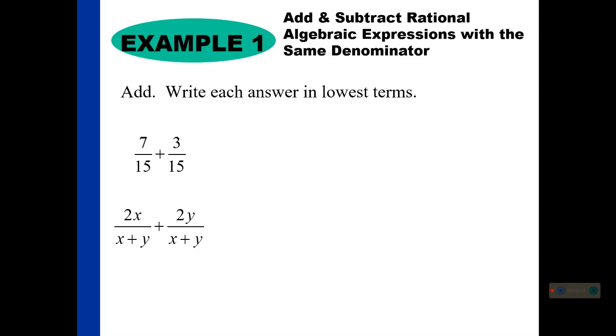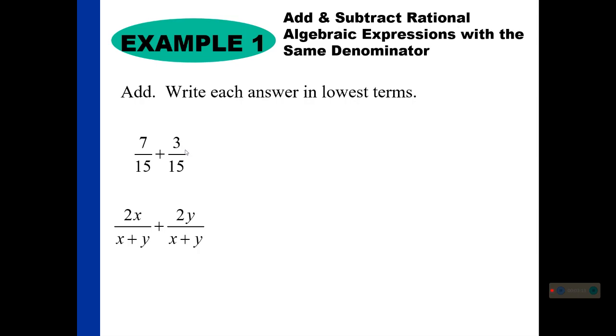So let's have our examples. You are going to get the sum of the following, and you are going to write each answer in lowest terms. For the first one, we have 7/15 plus 3/15.